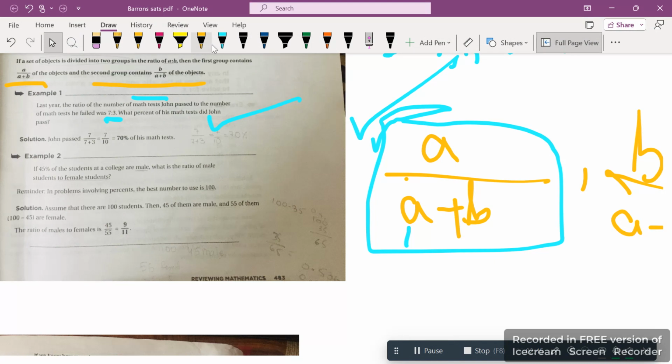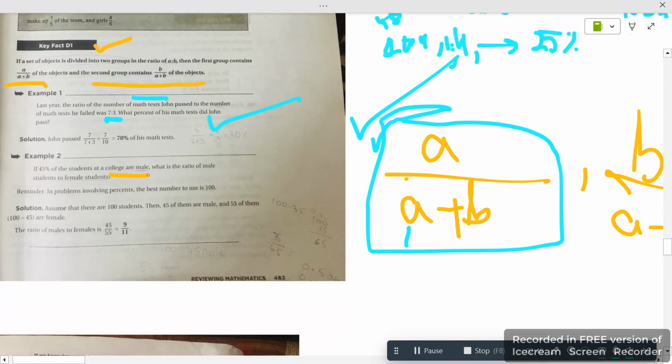This is written: if 45% of the students at a college are male. This means now we are going to suppose a gender. So there are 45% male students, and what is the ratio of male students to female students? So now how will we do that?